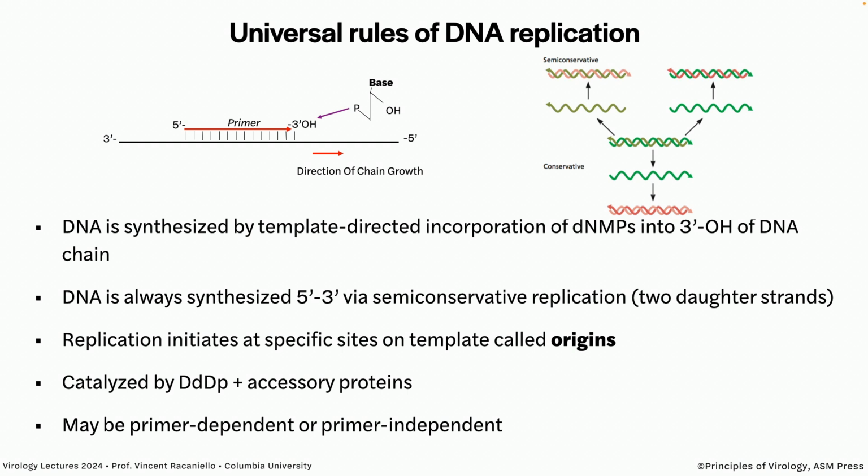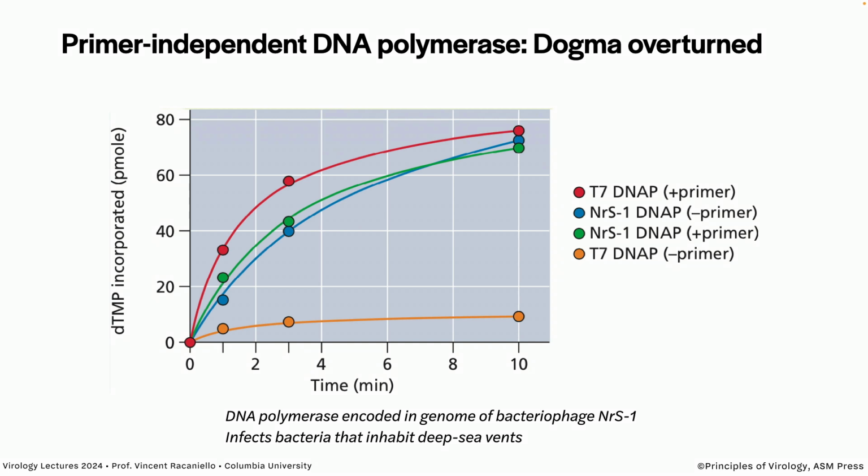And it can be primer-dependent or primer-independent. So either way works. I always used to teach in this course that DNA replication is primer-dependent. But a few years ago, a paper was published showing that there is at least one DNA polymerase that's primer independent.